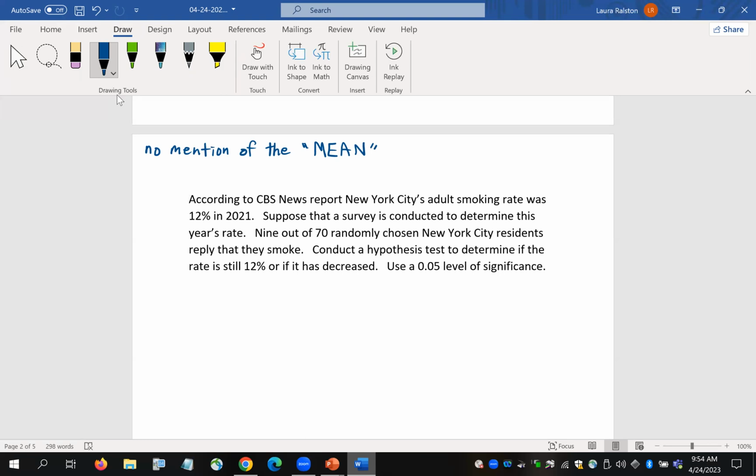What I do notice is that I'm given some percentages. So that's my clue that I'm probably going to do a proportion.